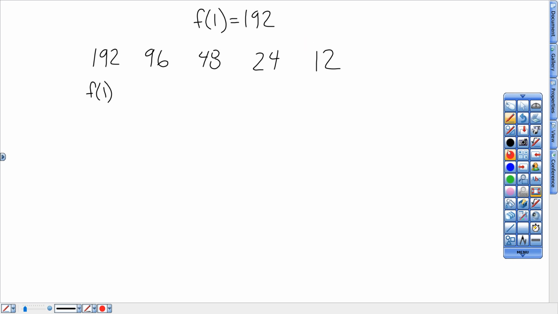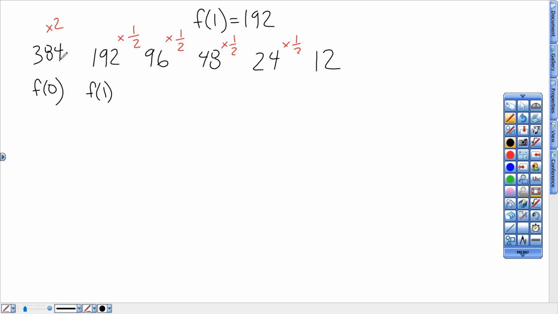We show dividing by 2 as timesing by the reciprocal, timesing by a half. 24 times a half is 12, which means for this one, if you're back stepping to that 0 term, you're taking 192 and timesing by the whole number 2. 192 times 2 gives me 384, and that makes sense because starting out with 384 and then dividing by 2 gives me 192, so that is my 0 term.